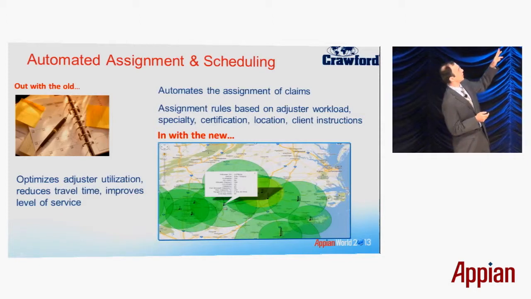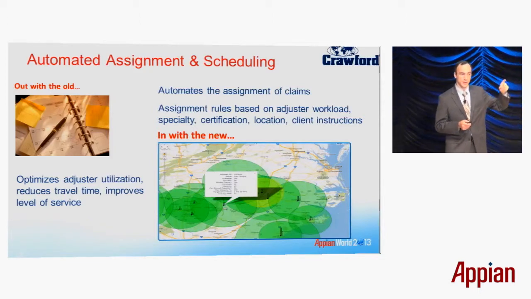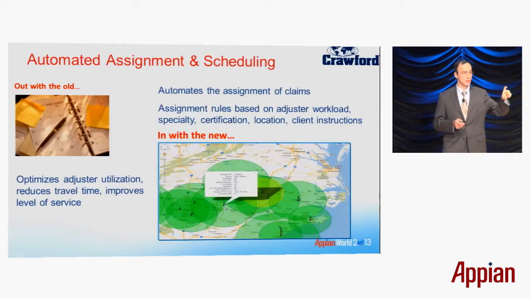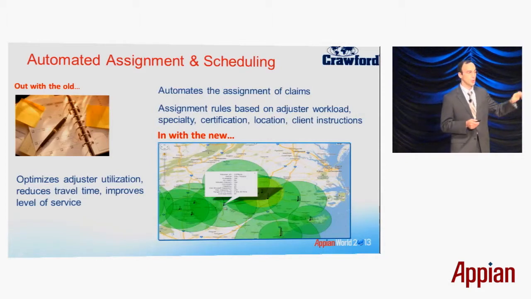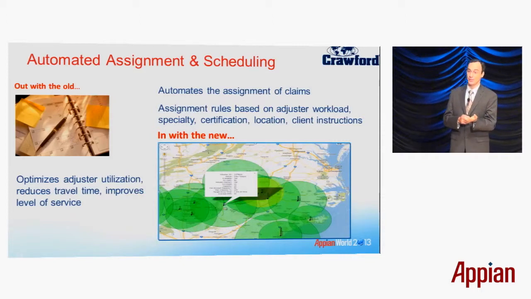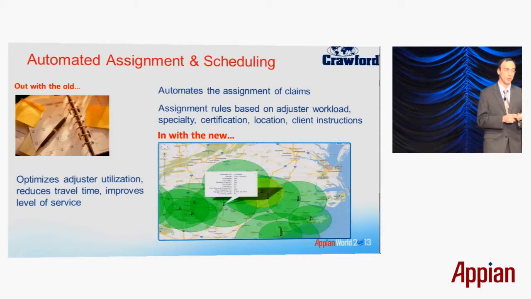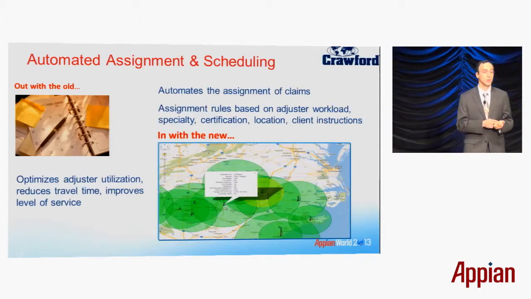And the little bars in the circles show the capacity of the adjuster and the current number of claims they are working on. When you click on it, you can provide additional rules, like what types of claims they are trained to process, what certifications they have, and whether they are available or not.